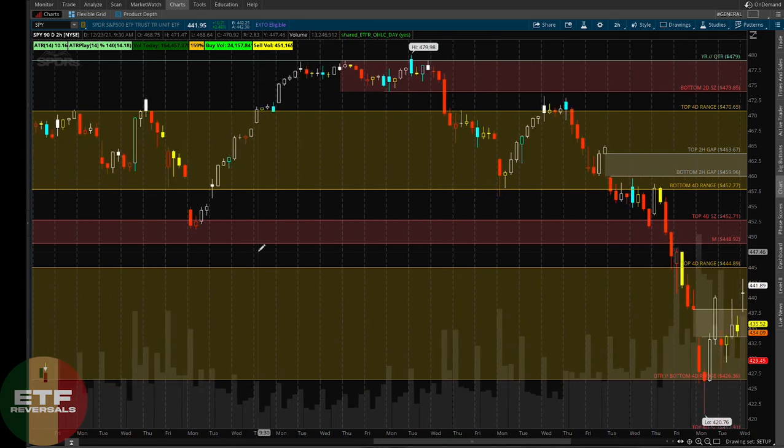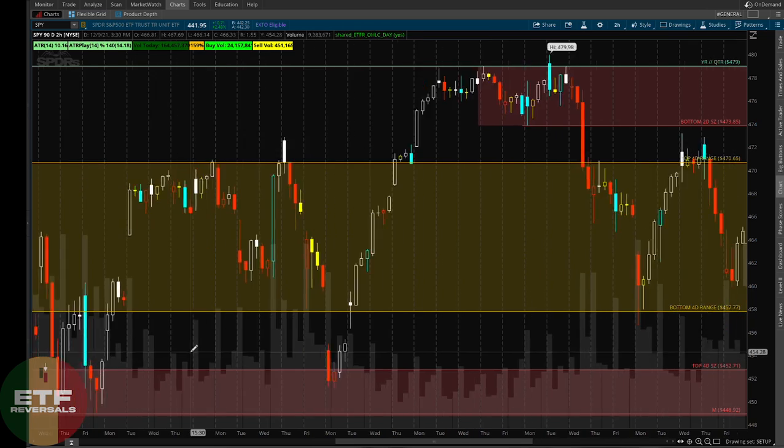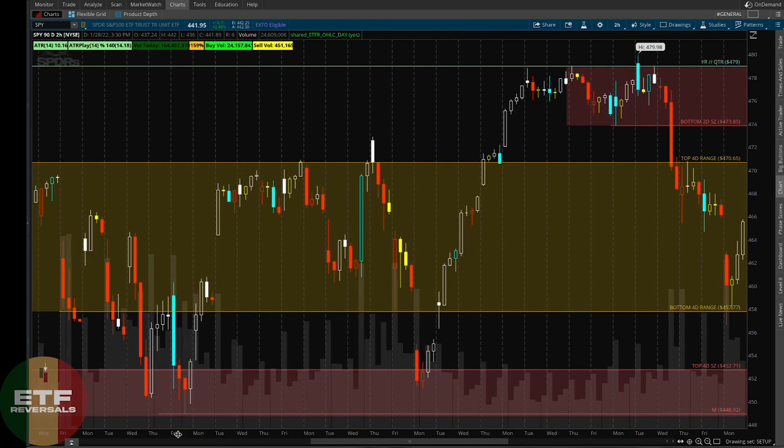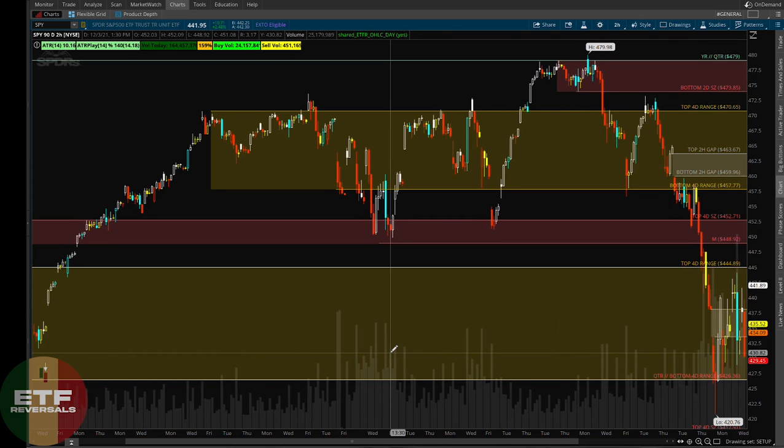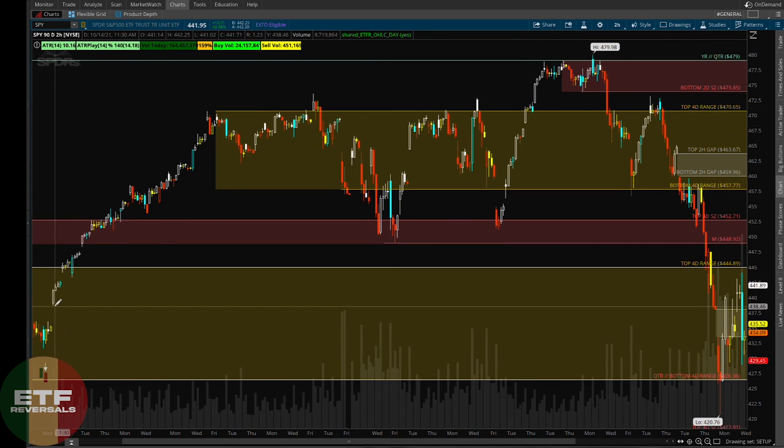Now we also want to go on this side and see if we missed anything. All right, and we can see another gap. You see it lines up perfectly. Boom. Another gap perfectly inside that one.